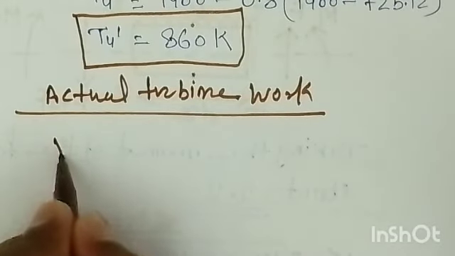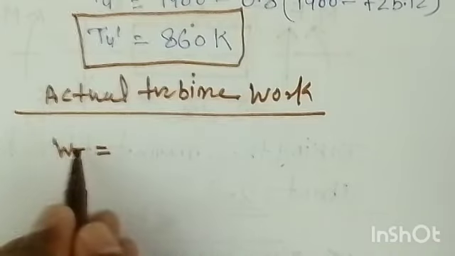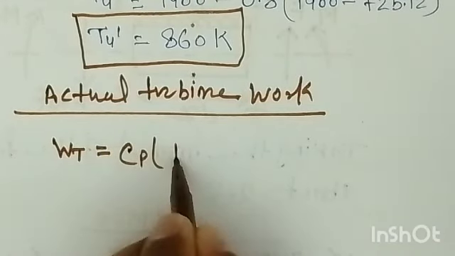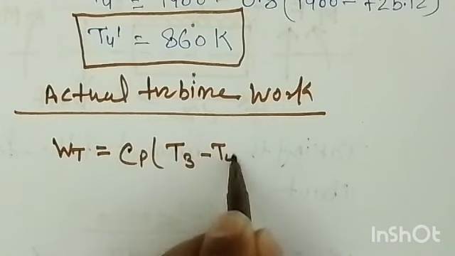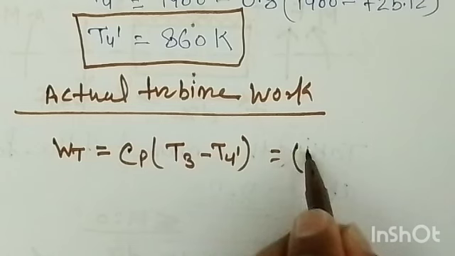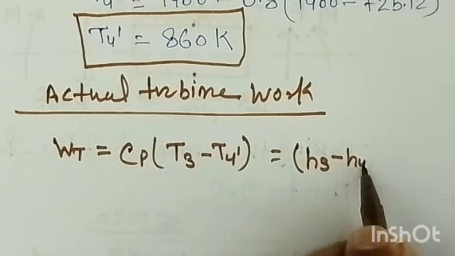So the actual turbine work WT is equal to Cp into T3 minus T4 dash, or in terms of enthalpy, H3 minus H4 dash.